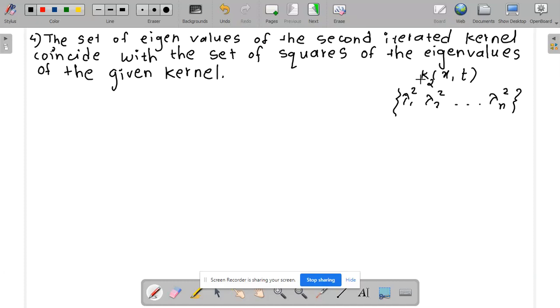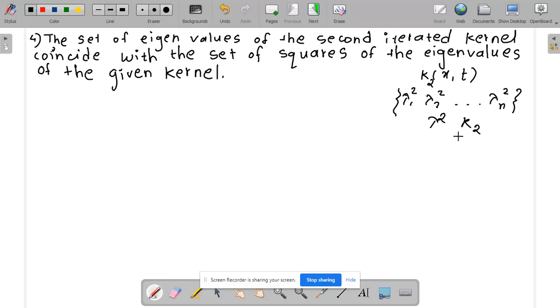So we will have to prove this. Initially, let lambda be some eigenvalue of K(x, t). Then we will show that the square of this lambda is also an eigenvalue of K2(x, t). That is the forward part, or one part of the proof.